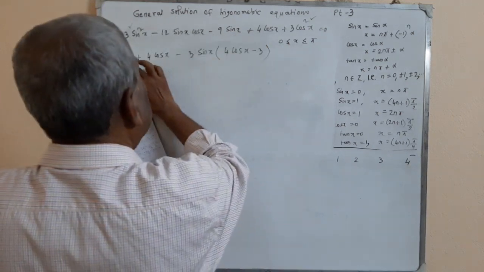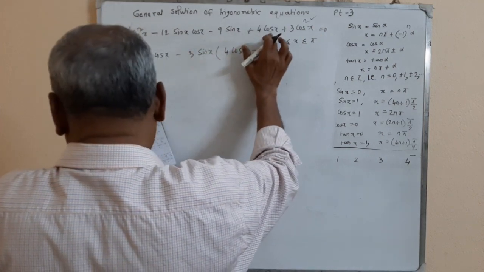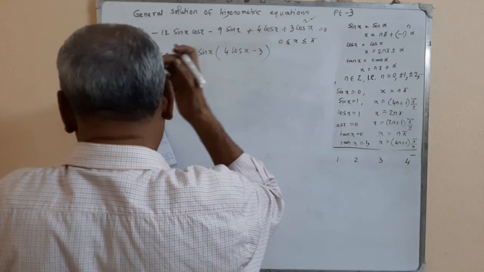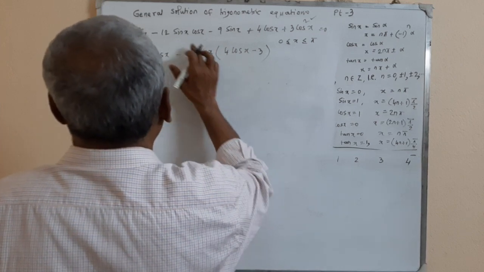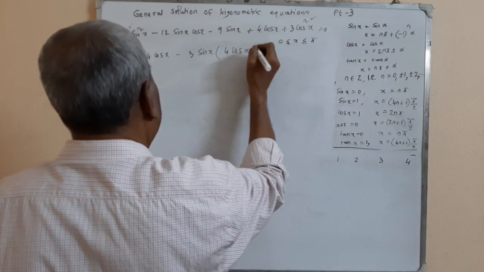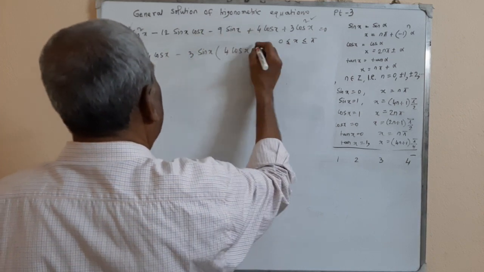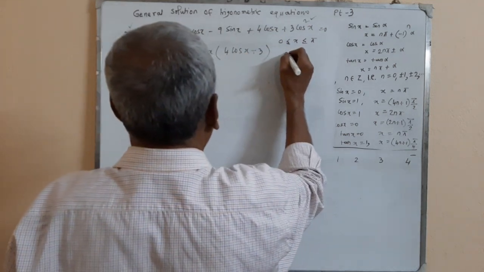Okay, then it is 3, together it is 3 plus 4 cos x, taking minus 3 common, it is 4 cos x plus 3. This is plus 3 is equal to 0.